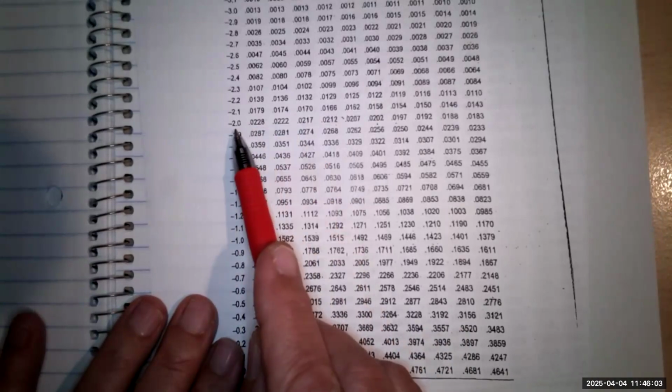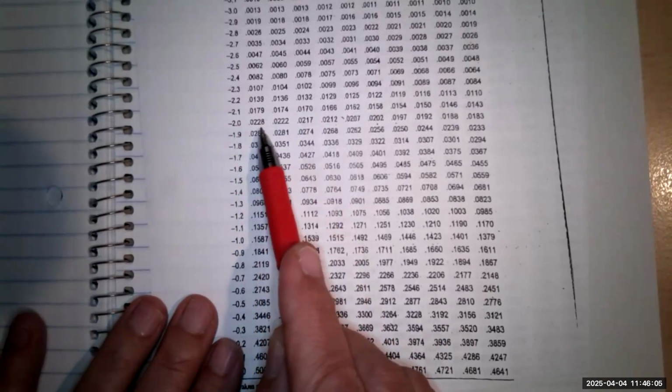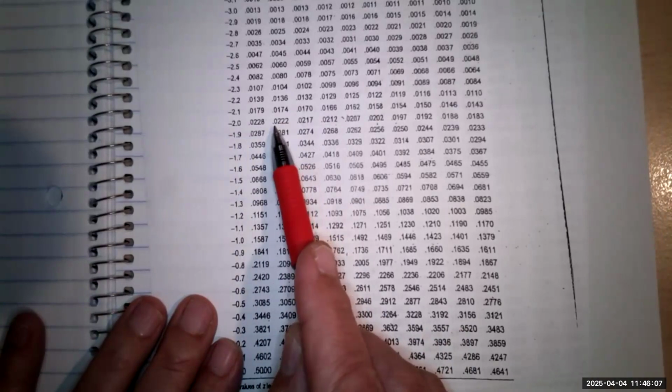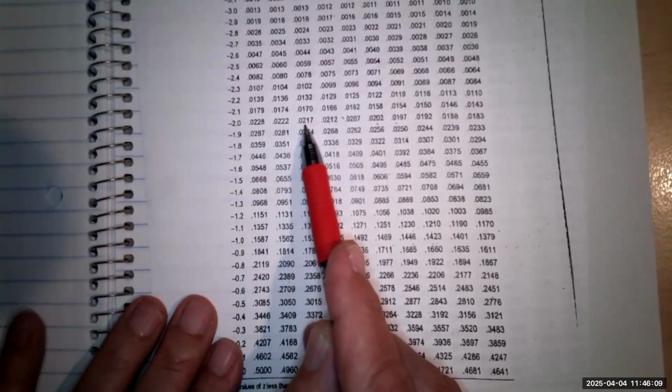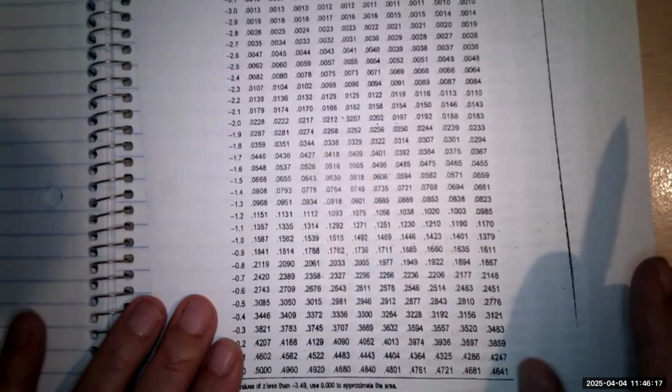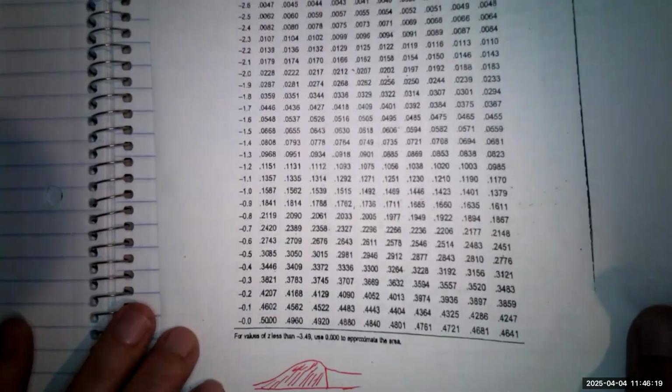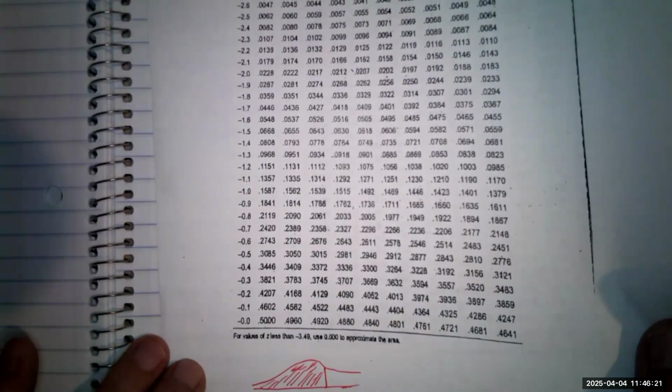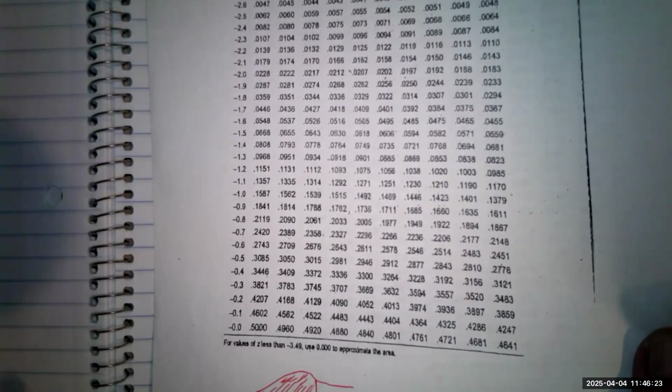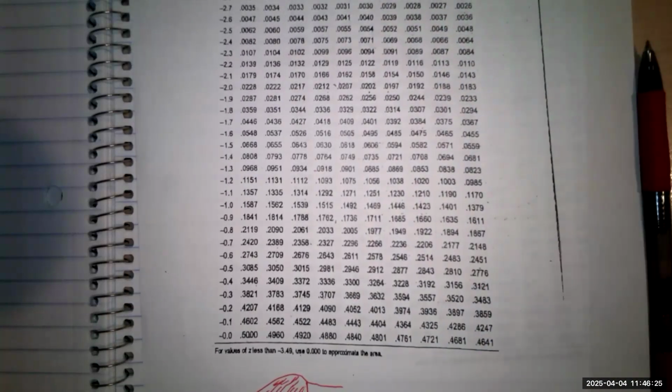So if Z is negative 2.2, the area to the left would be this number, something like 2.17%. So the probability that Z is less than that number is that percentage. So this is one way to do it. Of course, you can do this if you like, or you can use your calculator.